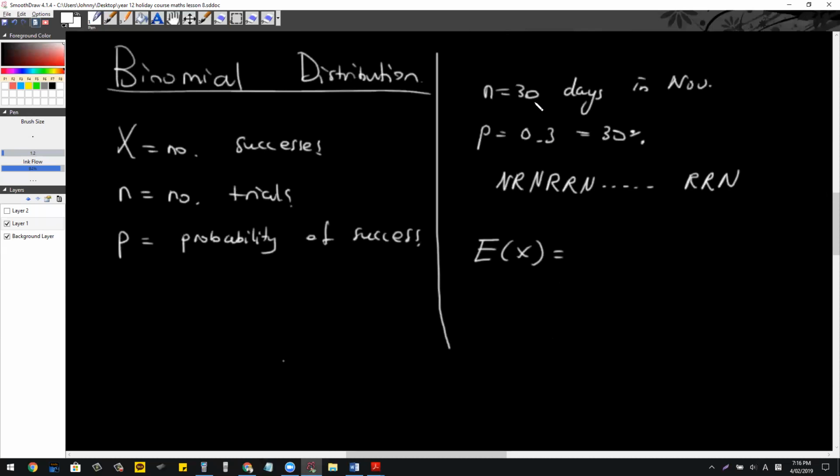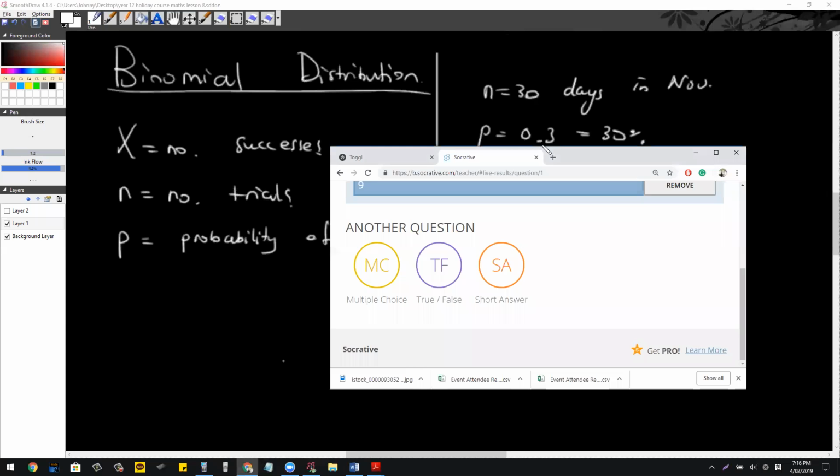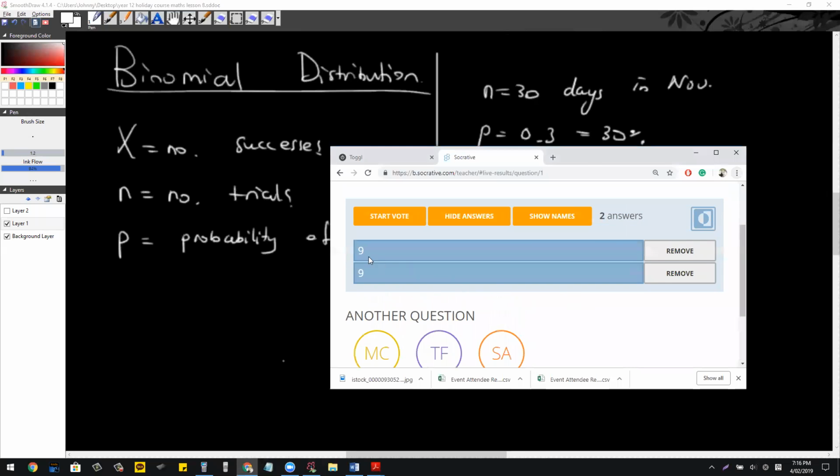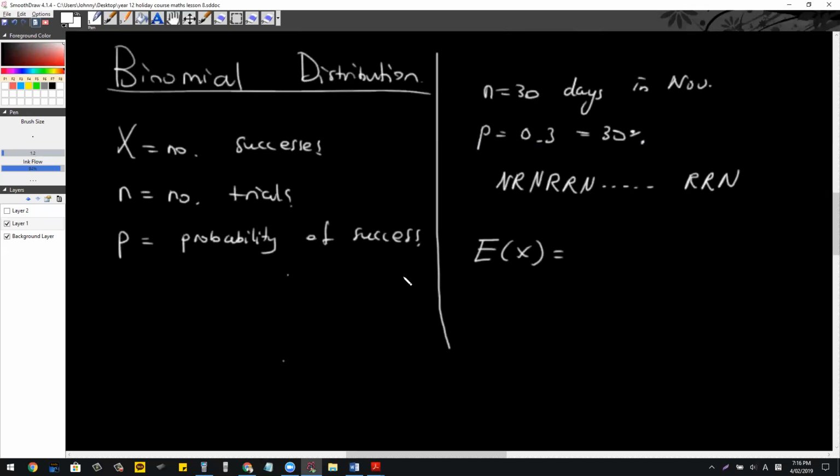So we have 30 days, and the probability of raining is 0.3. Okay, so the answer is 9. Well done. The formula for that is NP, so that's 30 days times 0.3, and you get 9. So the most expected outcome is 9 days.